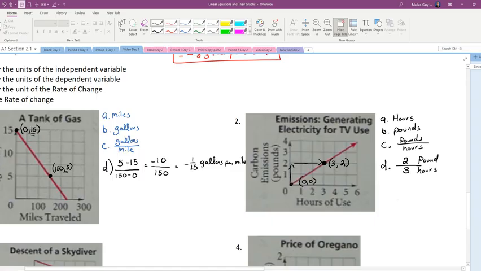Or if I want to break this down to what we call the unit rate, which is dividing it out and making it over 1, then 2/3 is, and I'll approximate it, 0.667 pounds for every 1 hour, pounds per hour. Okay. All right, and it went up because the more I used, the more pollution created.